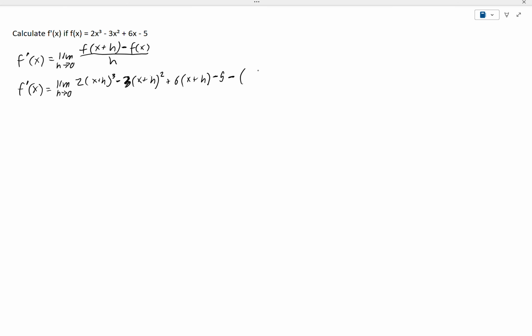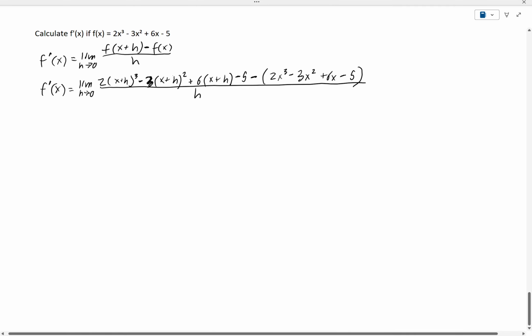So that's just the f of x that I'm given. So that's minus 2x to the third minus 3x squared plus 6x minus 5. And this is all over h. It's already big and I haven't even distributed anything.